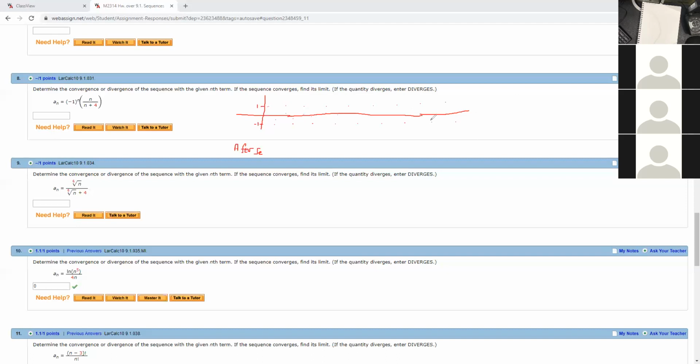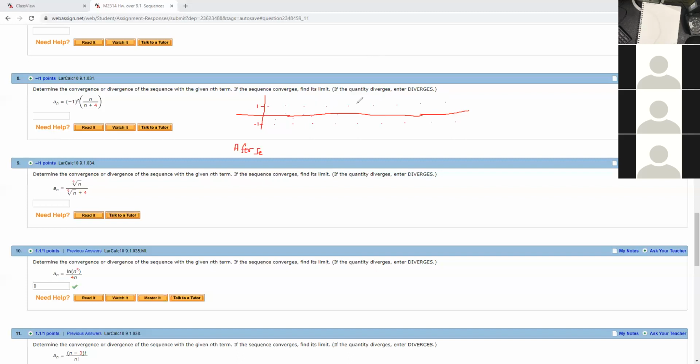Mm-hmm. So when we have alternating, they can alternate but converge towards a single finite number, or they may not. The first picture I was showing you, they were just staying at 1 and -1, 1, -1, 1, and they're not getting any closer towards any single finite number.